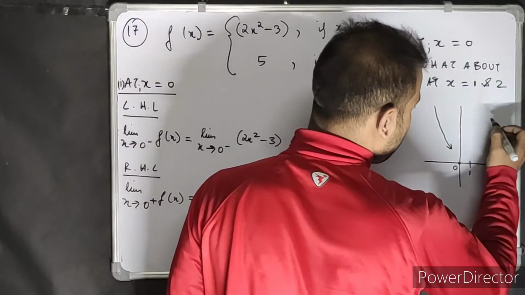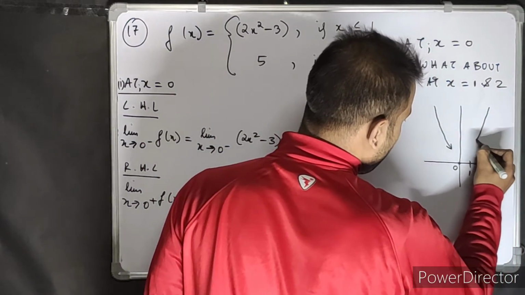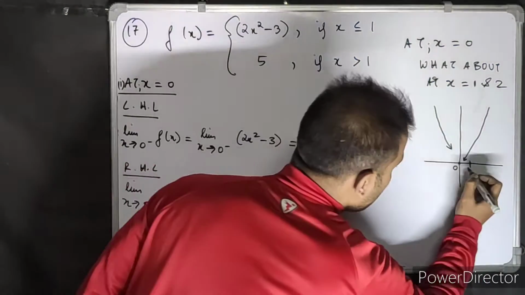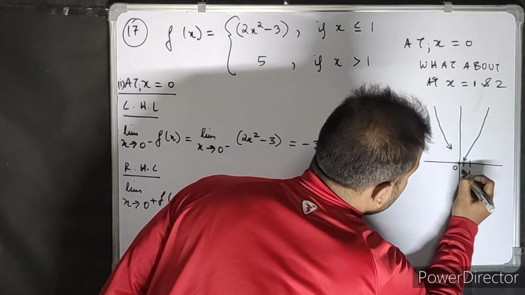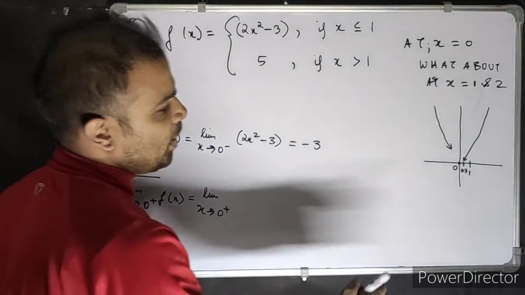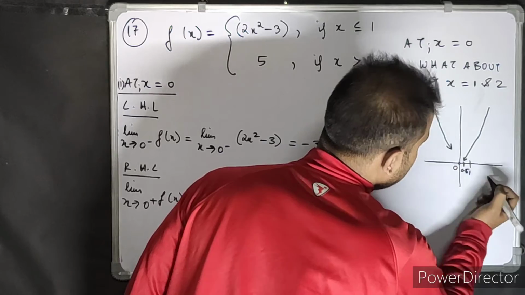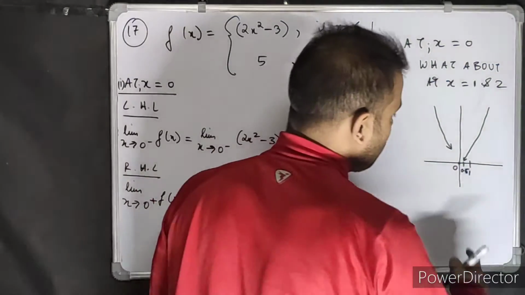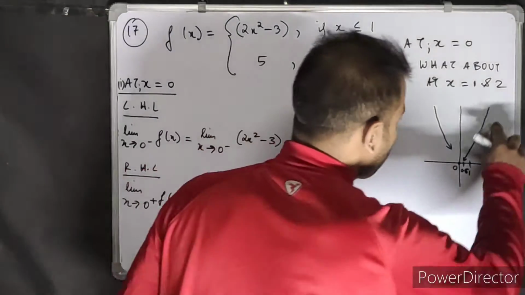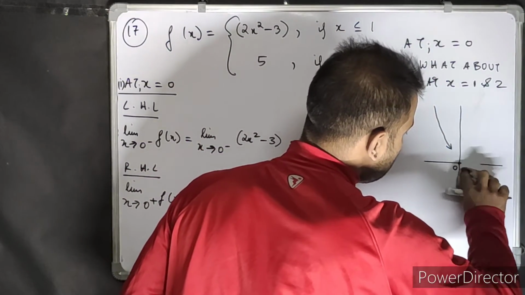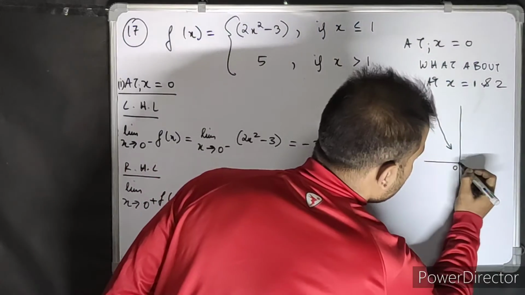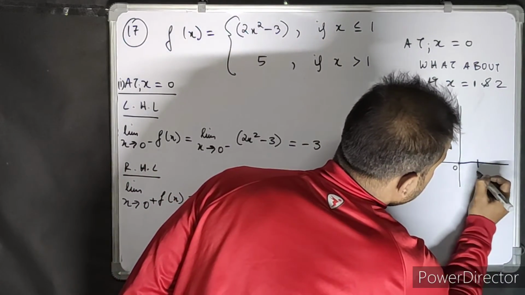Now you see, it's approaching 0 from the positive side. So it will be somewhere over here, say 0.5 or something like that. Okay. Little bit more spacing required. Okay. This is 0, say, and say here 1 is here.